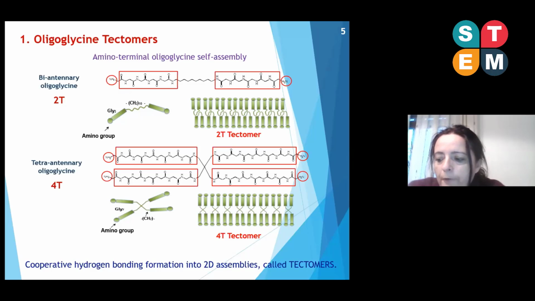Tectomers offer amino groups in the basal plane that are expected to establish strong interfacial interactions with a variety of nanomaterials and substrates. Thus, tectomers offer exciting opportunities for the development of new functional materials and coatings.